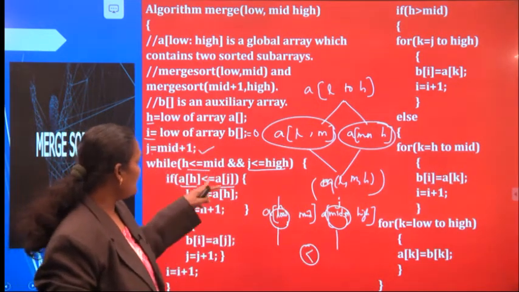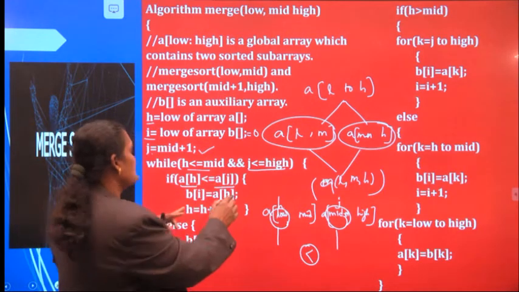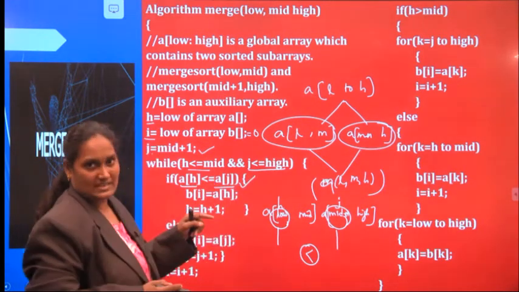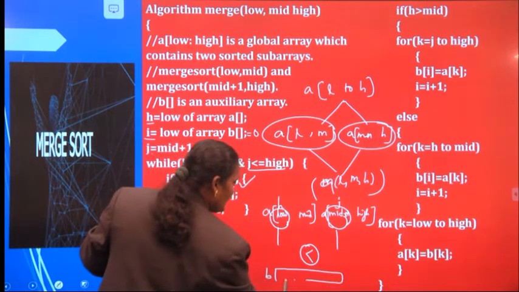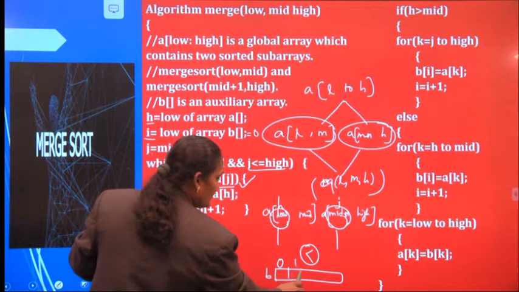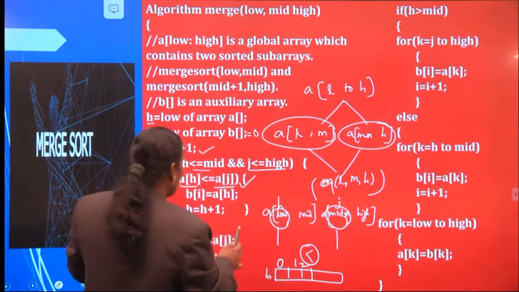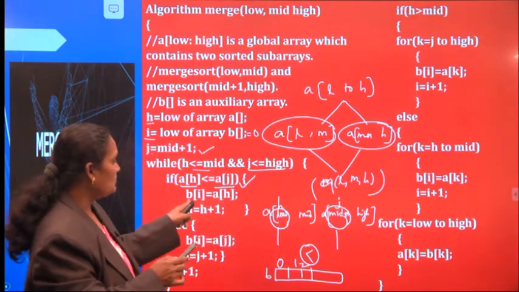If A of H is less, that is, if this condition is true, we take B as the auxiliary array, with B index starting from 0. Now we pass A of H to B of I.